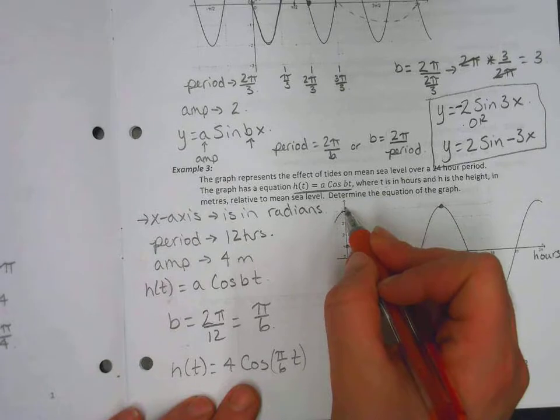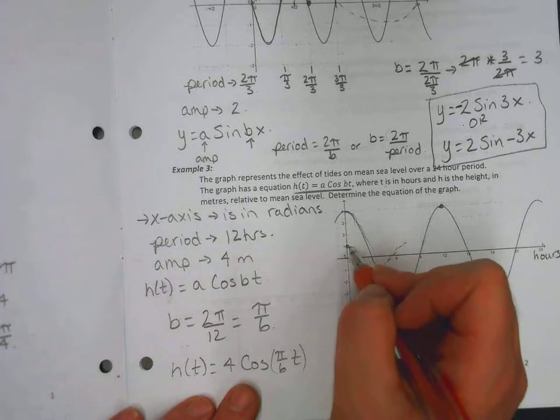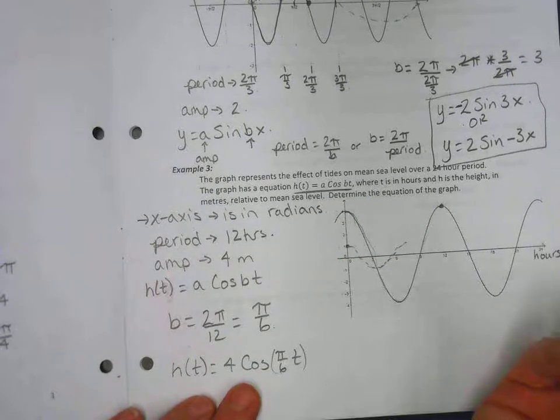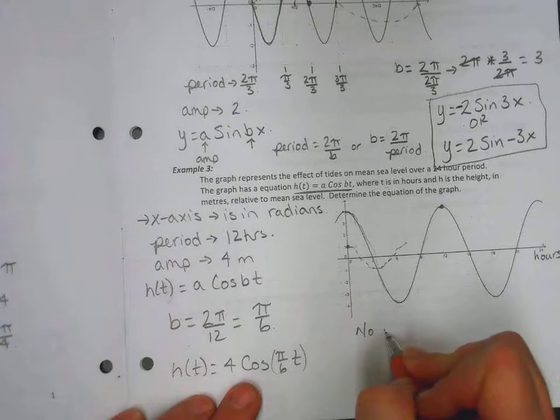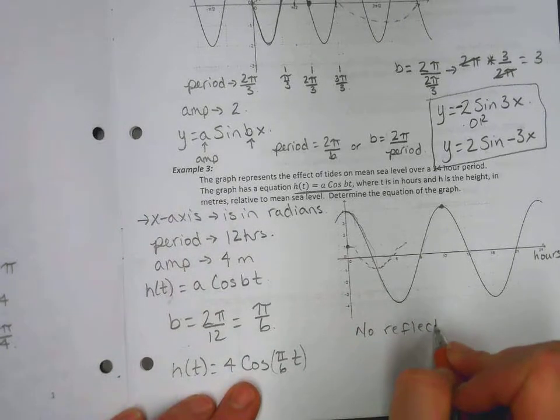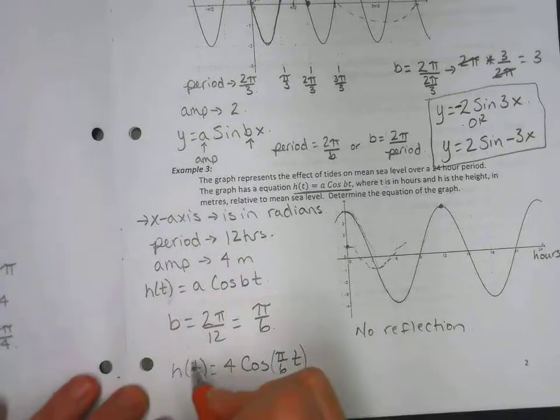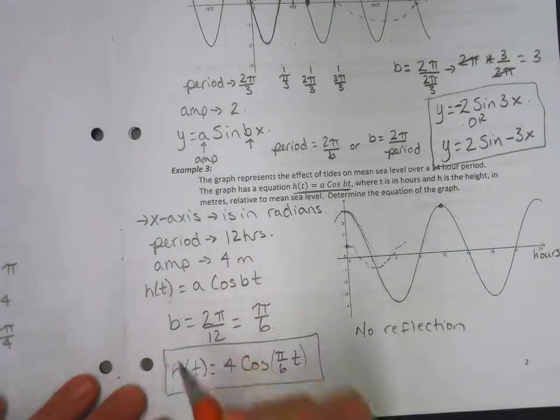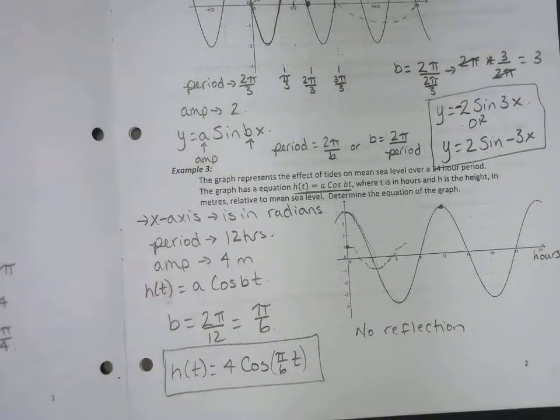No, it's been stretched vertically by 4, but it hasn't been reflected at all. So there's no reflection here, so we don't have to worry about that. So this would be our final answer and equation. Okay, so that is the basis of stretches and amplitudes and periods with sine and cosine functions.